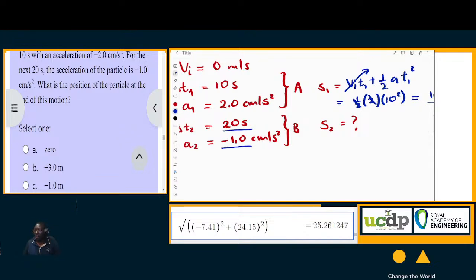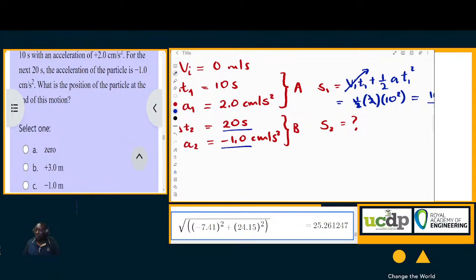Or do we have another one? Either way, I think we need to use the same formula. But if we do, then we need to find the initial velocity as we go into the next part of the motion.